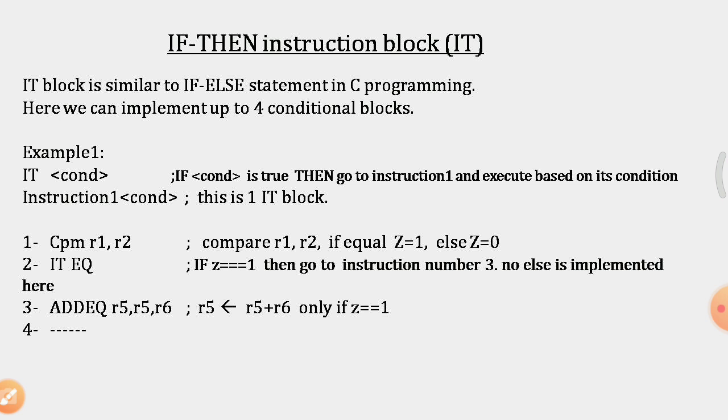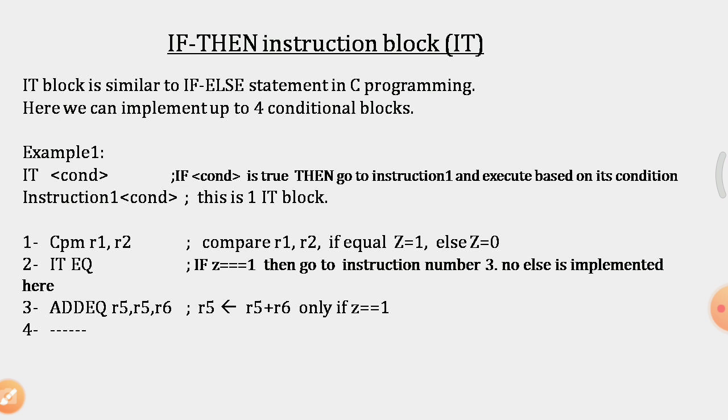Then we write in the second line IT EQ. EQ is a condition which is going to check the flag Z. So IT is going to execute in the way that if Z equals 1, that is R1 is equal to R2, then go to instruction number 3.